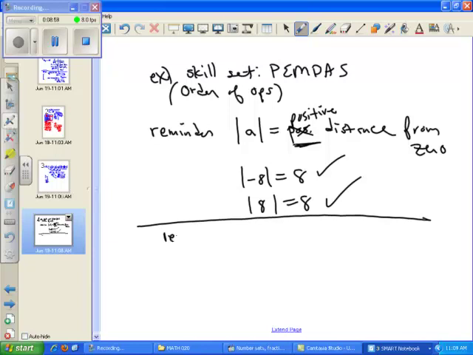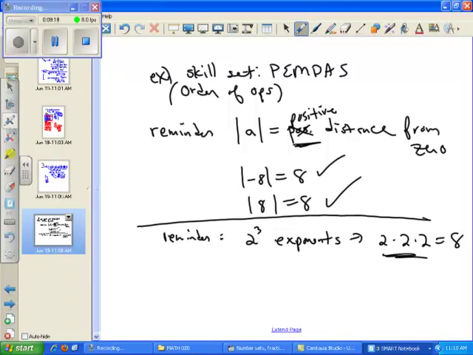Another reminder, these are just things that people have a tough time with sometimes, is on exponents. You know, 2 cubed. It's an exponential expression, right? Just a reminder that that means 2 times 2 times 2, which is 8. So the exponent tells you how many times to carry out that expansion of multiplication.